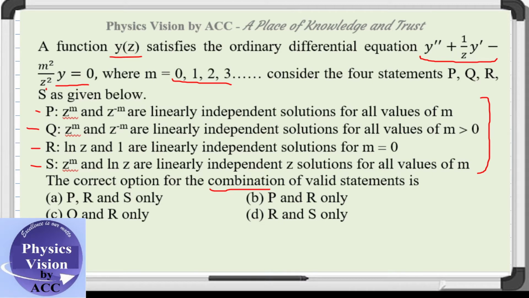So let's start first by writing down the given differential equation, which is y double dash plus 1 by z y dash minus m square z square y is equal to 0. Let us first multiply the whole equation by z square.